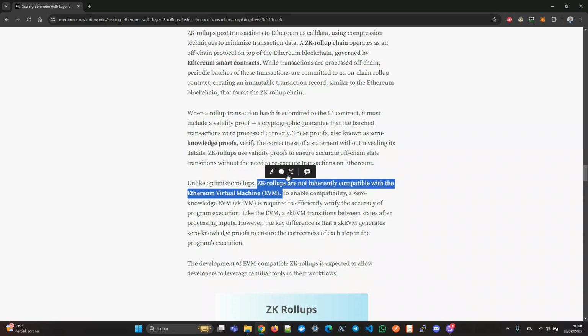And this means that, for example, like it happens in Starknet, they have their own programming language, for example, Cairo for Starknet, and so we must write the smart contract in another programming language most of the times because they are not compatible.